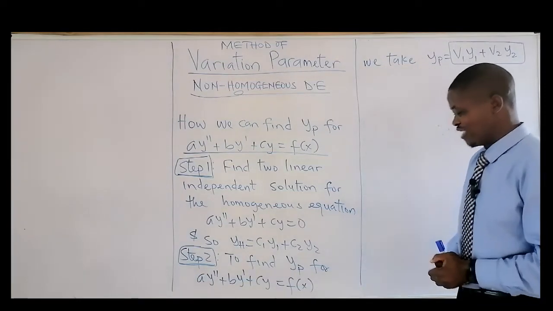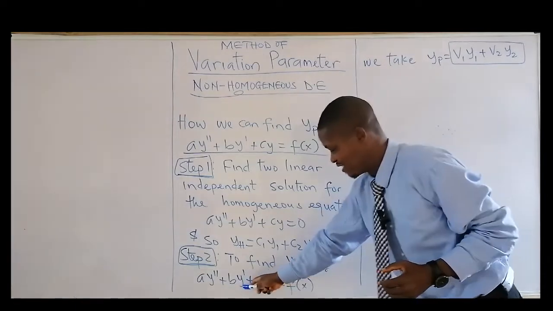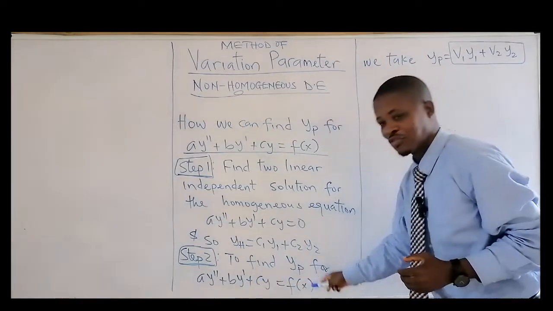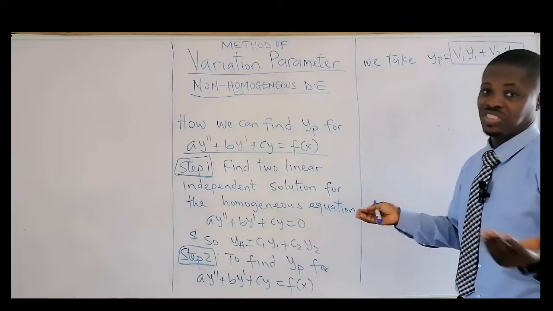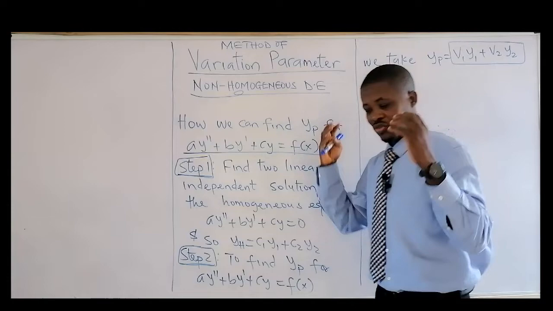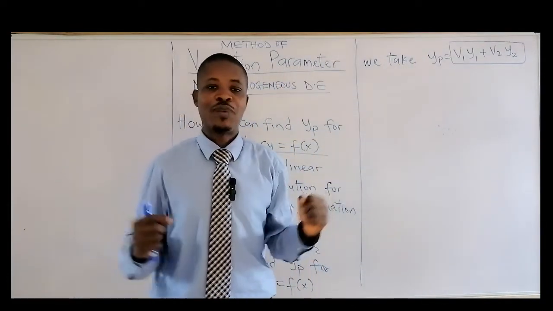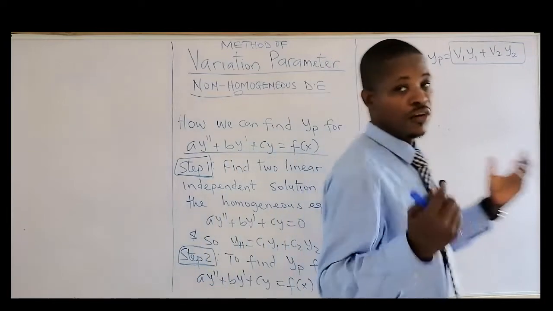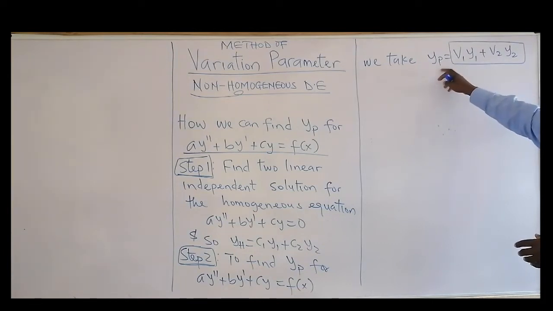Then the next thing to do is to find the yp of this differential equation equal to f of x. Don't forget, even in the undetermined coefficients method, step one is to get the homogeneous part, the yh, of the equation. After that, we take yp.